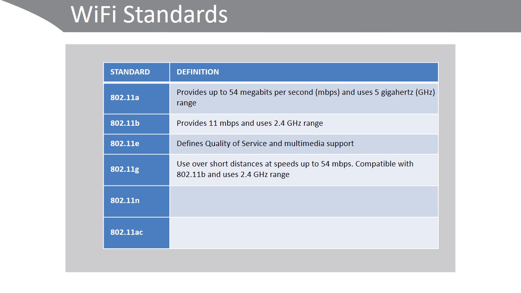It's backwards compatible with 802.11b and uses the 2.4 GHz range. 802.11n provides speeds of up to 100 megabits and uses either the 2.4 or 5 GHz ranges. 802.11ac achieves 433 megabits per second and uses the 5 GHz range.